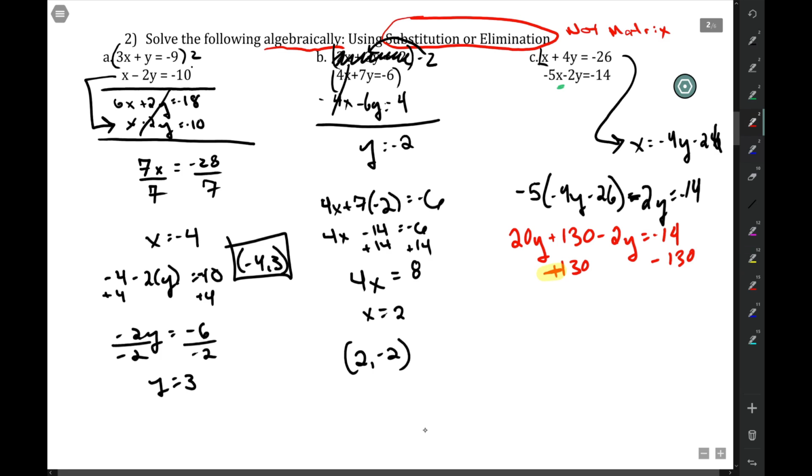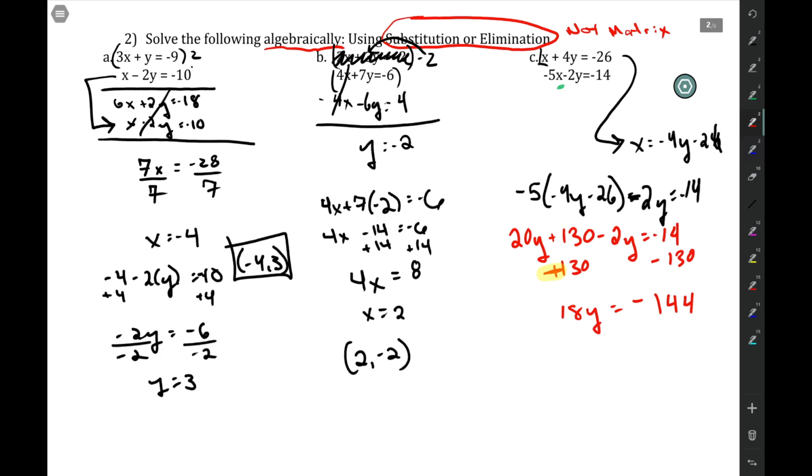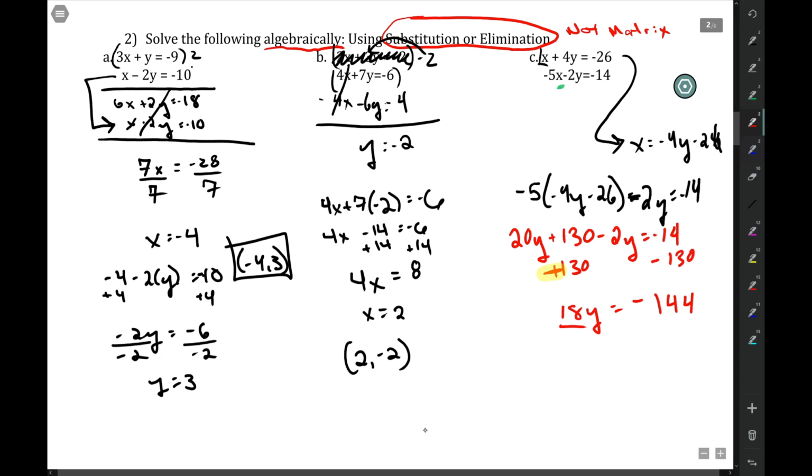And that leaves me with negative 144 equals 18y. And 144 divided by 18, y equals negative 8. So numbers look bigger, but they're not too bad.